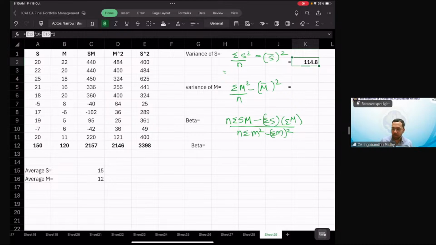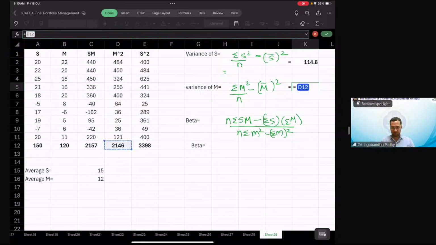Same way, give me the variance of market and beta, guys. Yeah, variance of market.